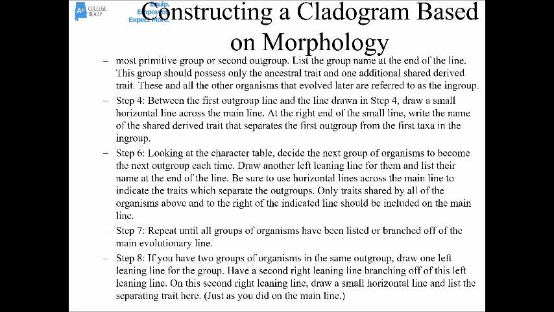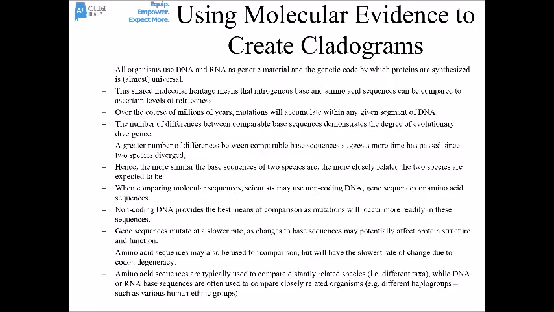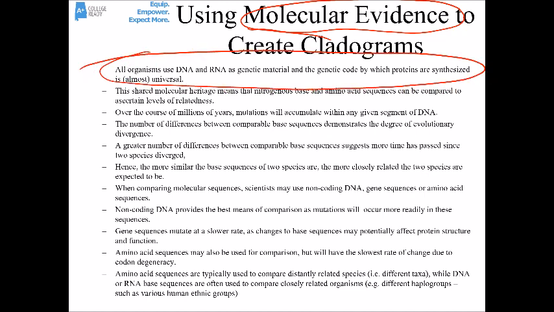Today, remember that our taxonomic system is based on evolutionary relationships and DNA. So today, most cladograms are built based on DNA comparisons. So they find certain genes or certain areas of introns and they compare the sequences. The reason that's a good idea is that essentially all organisms use DNA and RNA as their genetic material. It's universal.